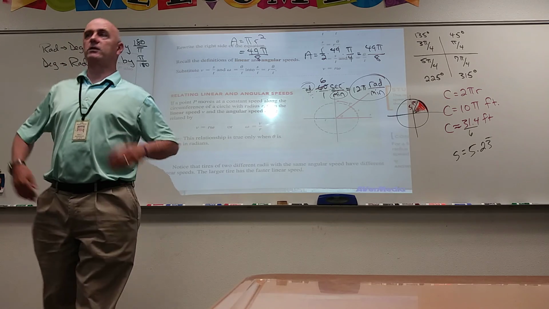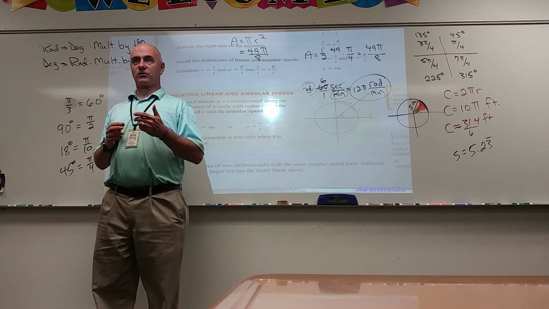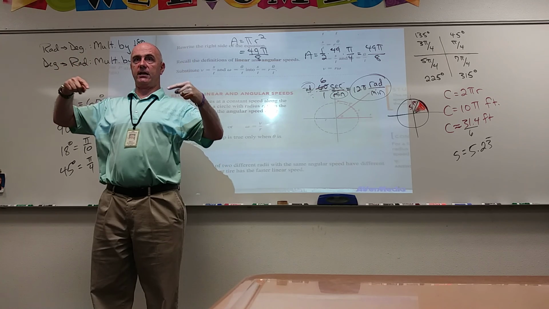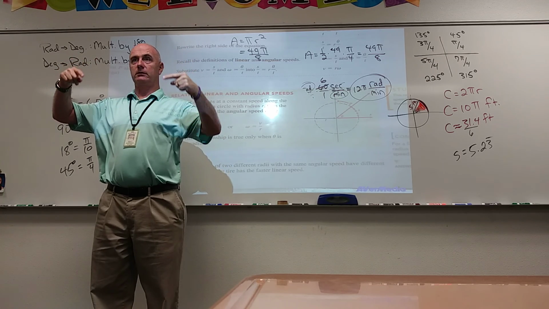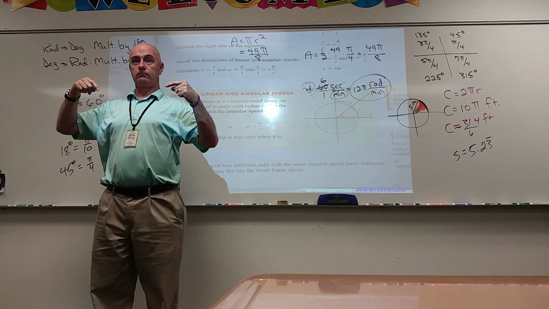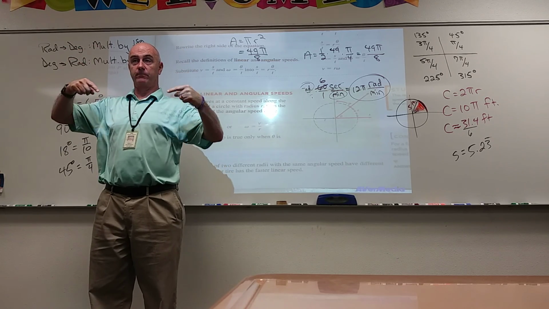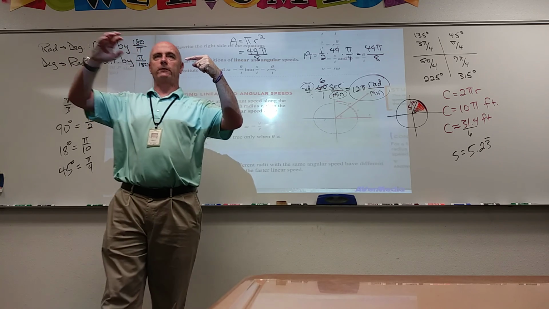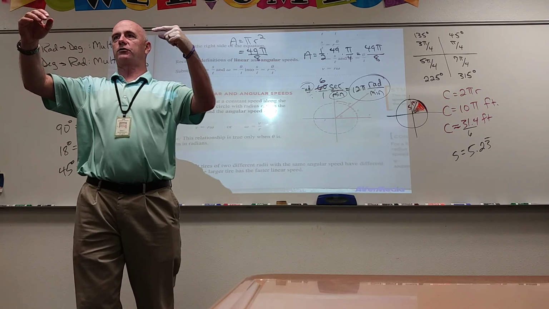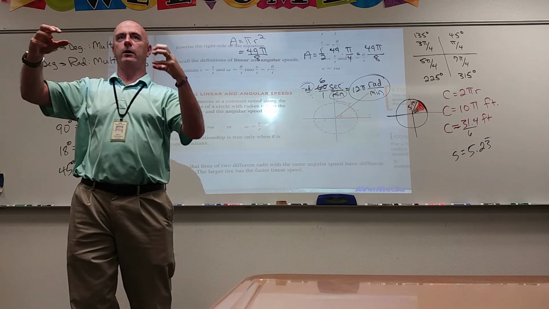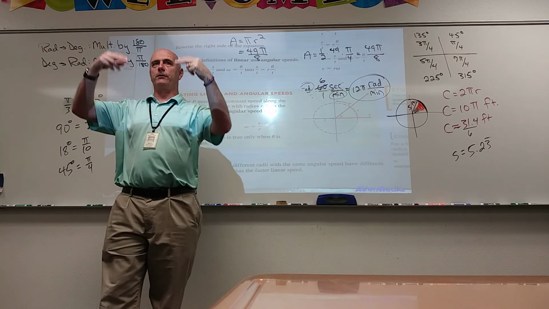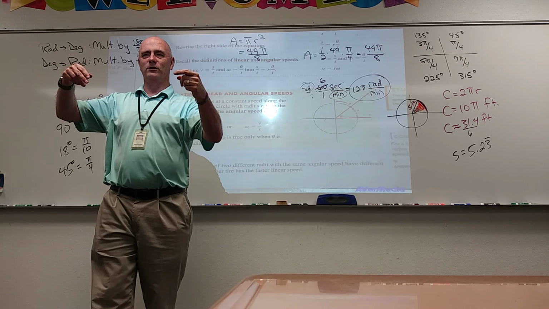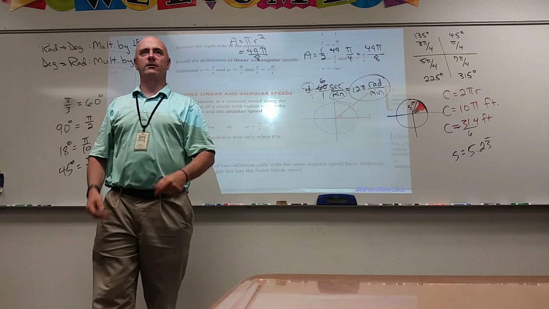Because the tires, because they're attached to the axle, will always go at the same angular speed. Right? They'll go at the same angular speed, but the bigger tire will be going further than the smaller tire will, even though they're moving at the same angular speed. Does that make any sense? Which means, don't put on a tire that's a different size.